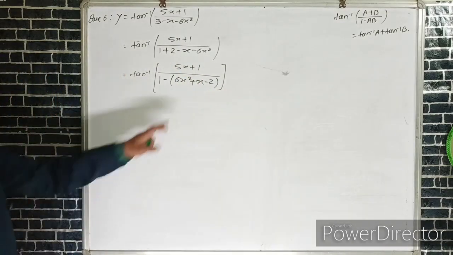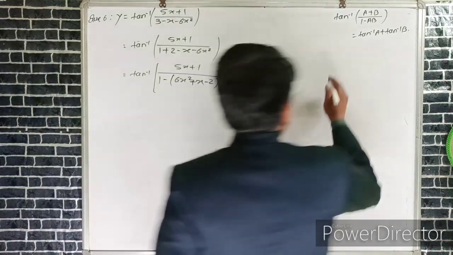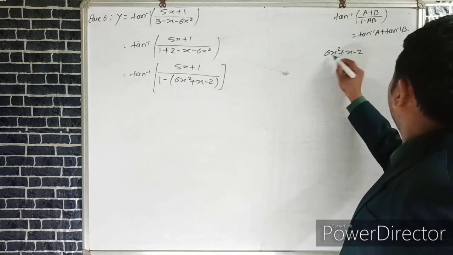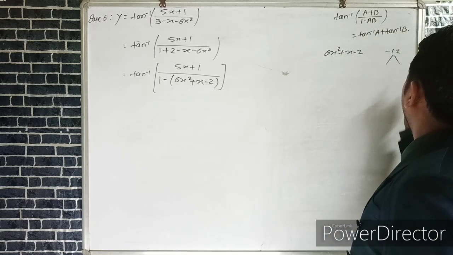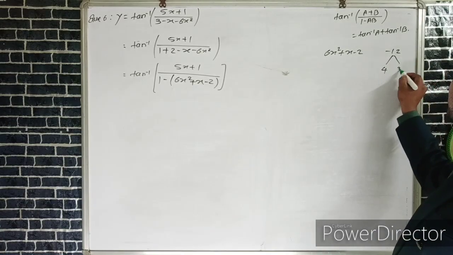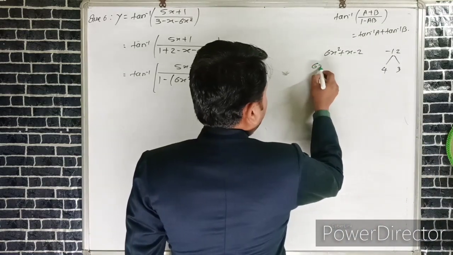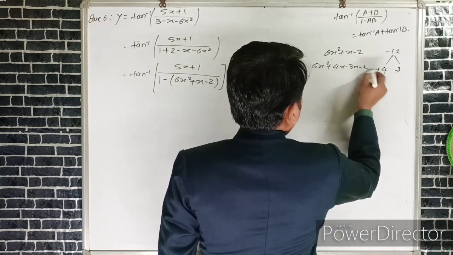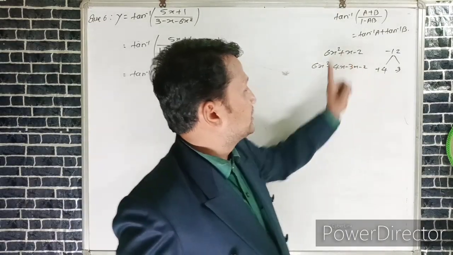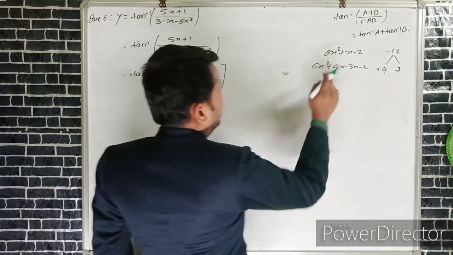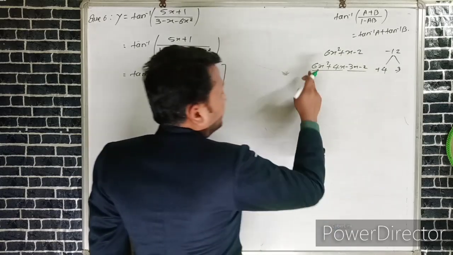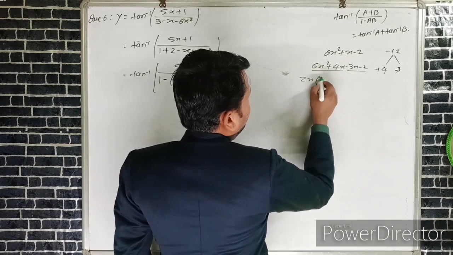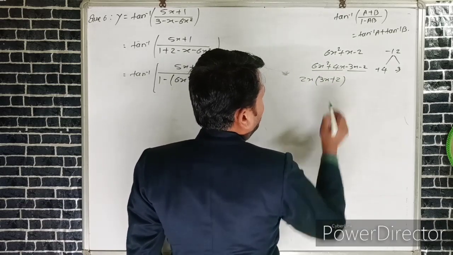If we factorize this 6x square plus x minus 2, the product is 6 into minus 2, which is minus 12. The factors of minus 12 are 4 into 3. We can write it 6x square plus 4x minus 3x minus 2, because 4x minus 3x is x. Hence we can factorize. If we take 2x common from the first two terms, we can write 3x plus 2.